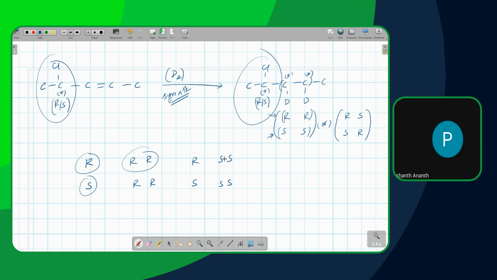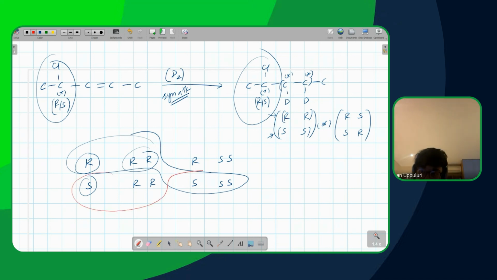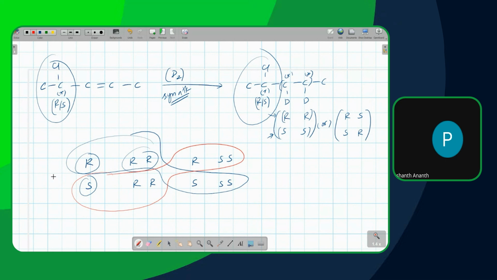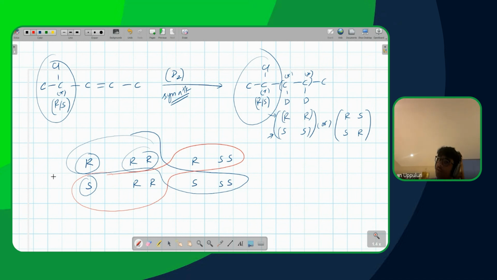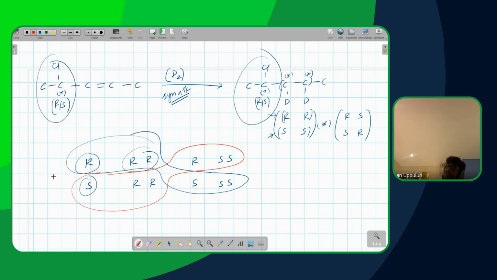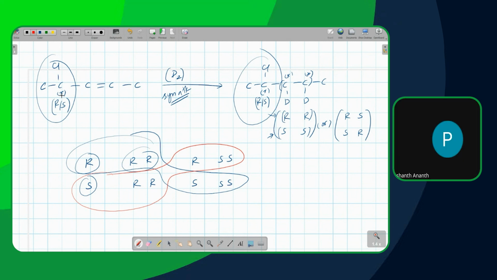You're understanding the game here now, correct? Yes, sir. So we'll have these two cancelling and these two cancelling. So even though we are getting optically active products, we are going to get two sets of racemic mixtures, which means the final mixture will be optically inactive still, just like the initial mixture was optically inactive.